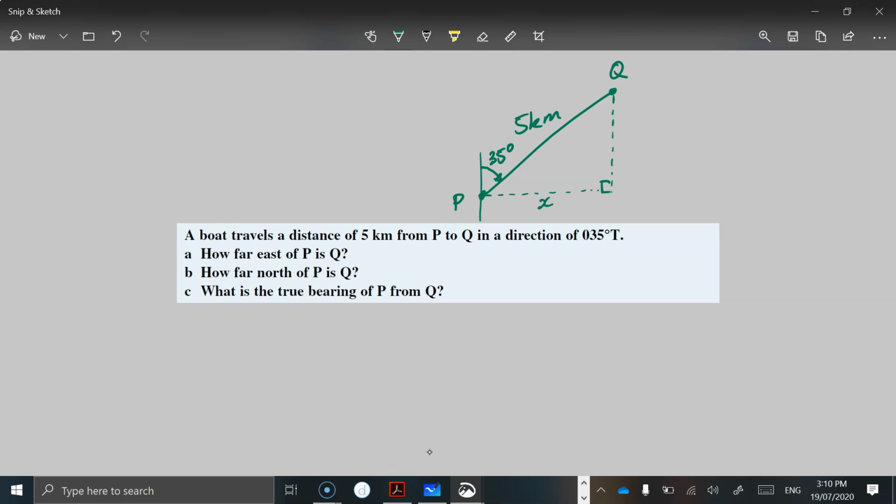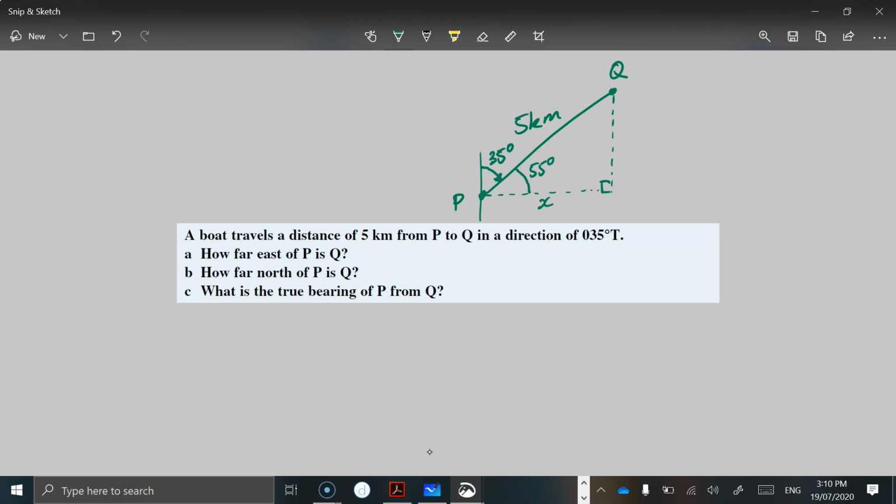It's a common mistake that people make. If this is 35, then this angle is the complement, whatever adds up to 90 degrees, so we're looking at 55 degrees. 55 plus 35 is your 90.